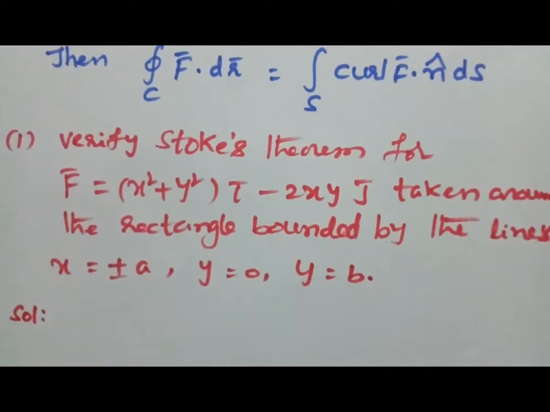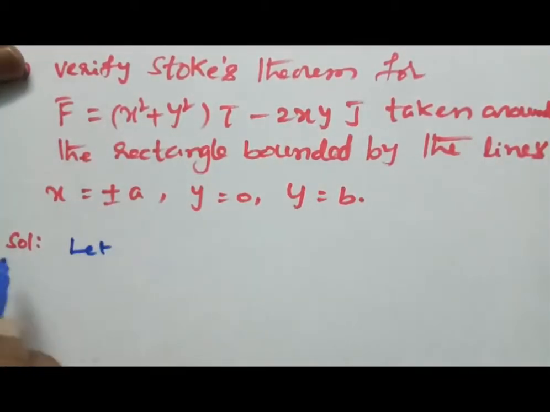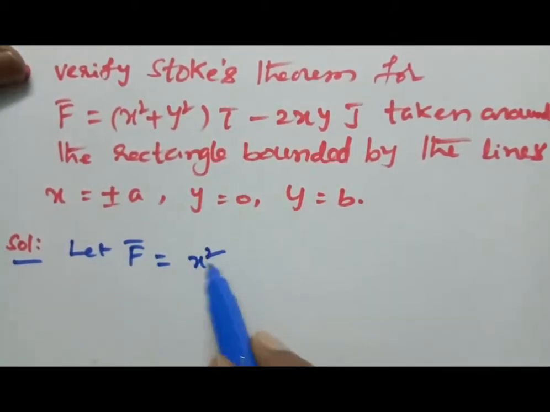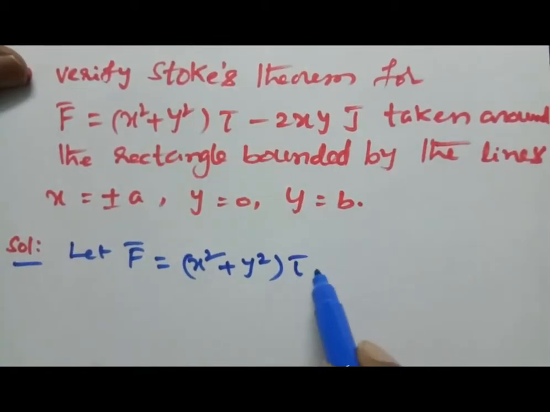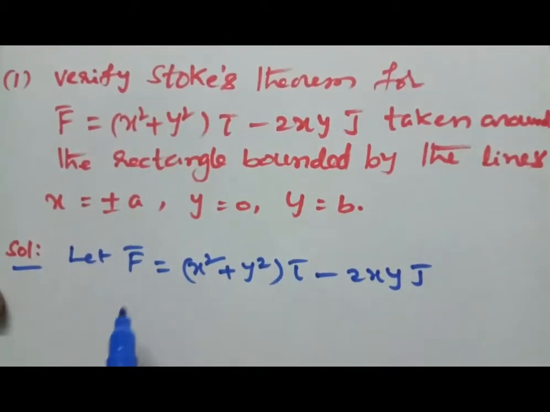Now solution. Let F bar is equal to x square plus y square i bar minus 2xy j bar.